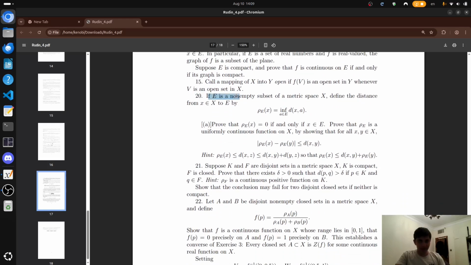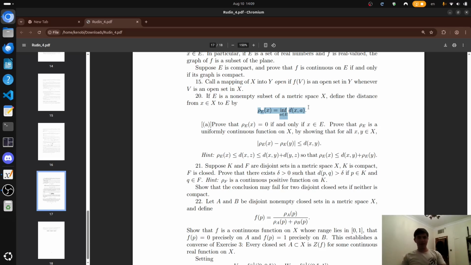Okay, if E is a non-empty subset of a metric space X, define the distance from x to E by rho_E(x) = infimum over a in E of the distance d(x, a). So basically the closest distance from that point to that set.